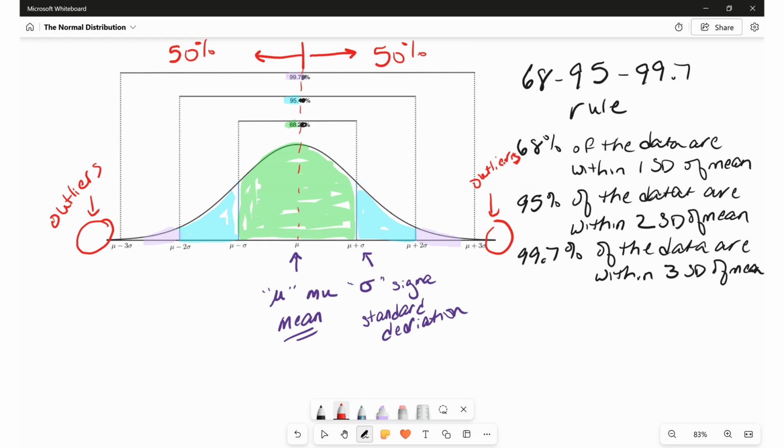But you will see a little bit later on that it is extremely important to know that 50% of your data is below the mean, and 50% of your data is above the mean.